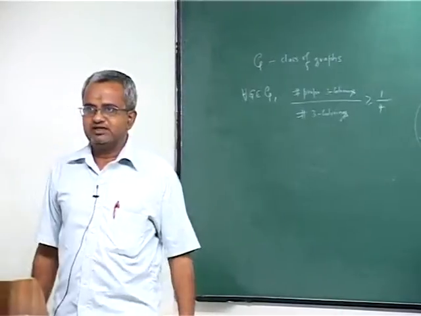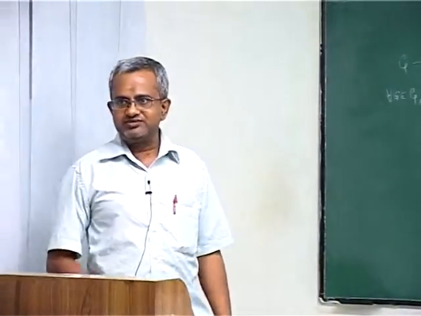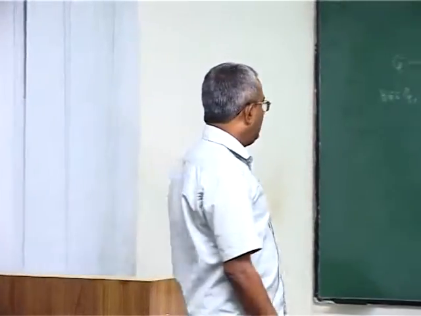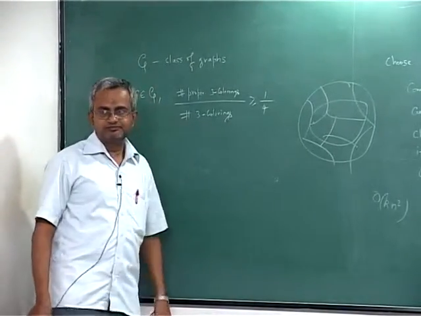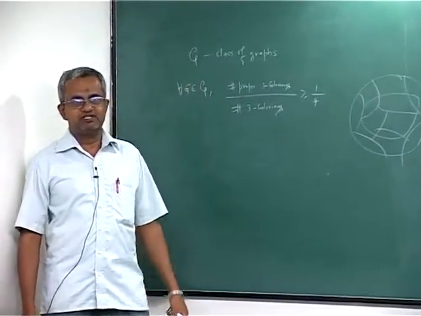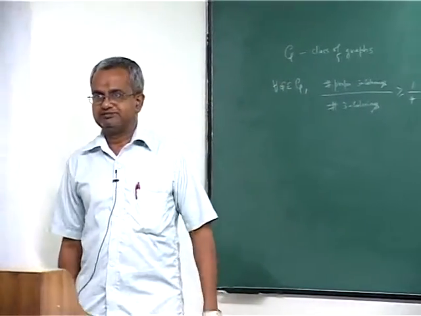Then what I claim is that for such a class of graphs, you can come up with a randomized algorithm which efficiently finds a proper 3 coloring.